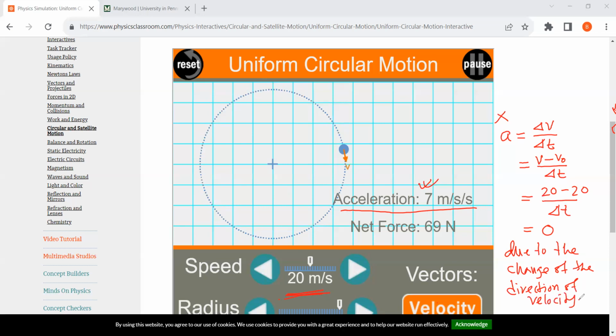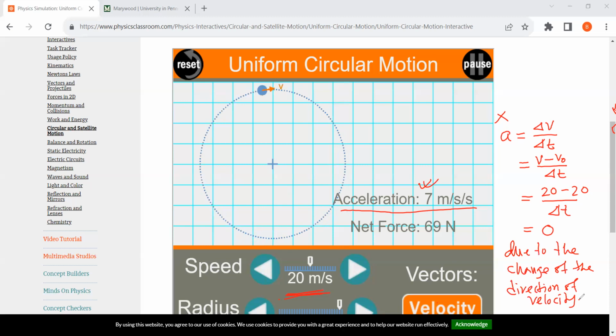Because the velocity changes its direction, the acceleration we get here is basically due to that change. At each point the velocity is different from its previous point.